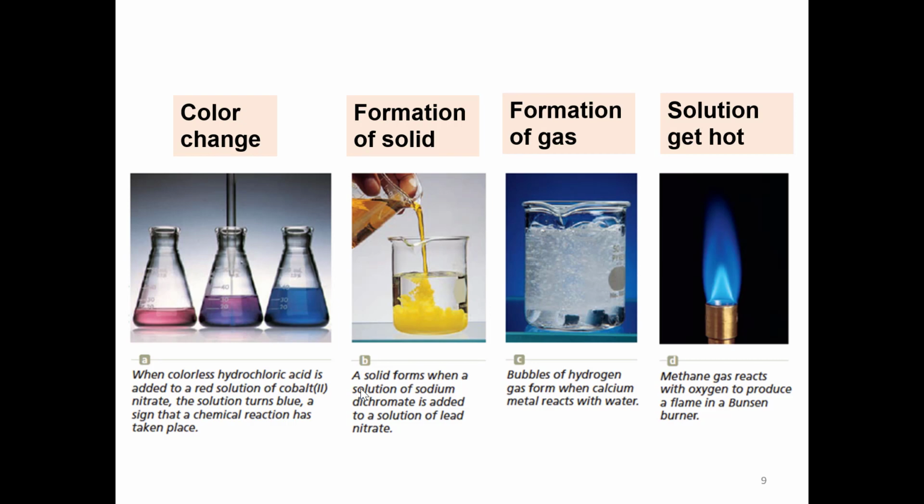In the second example, we can see a solid forms when a solution of sodium dichromate is added to a solution of lead nitrate. In the third example, we can see bubbles of hydrogen gas when calcium metal reacts with water. In the last picture, we can see methane gas react with oxygen to produce a flame in a Bunsen burner.